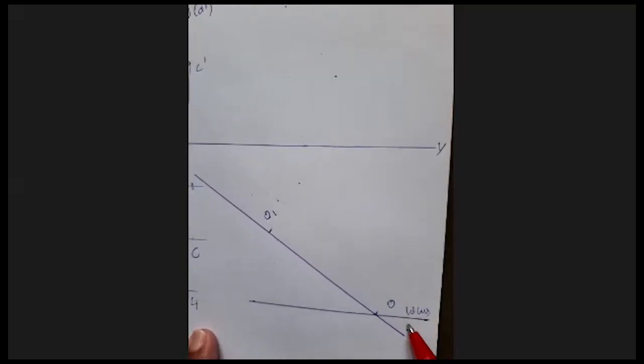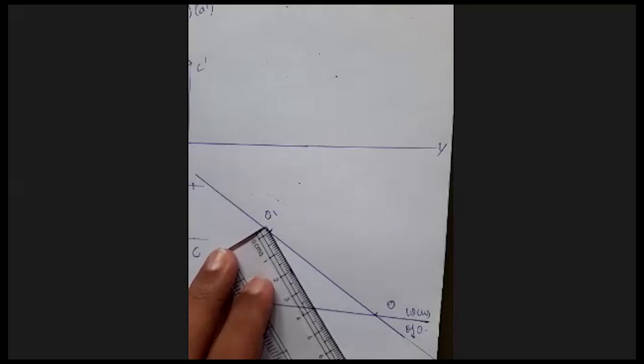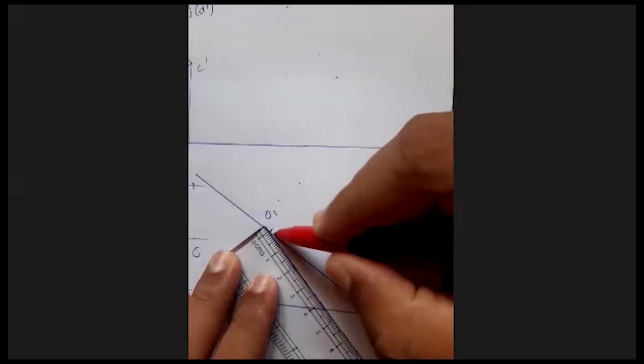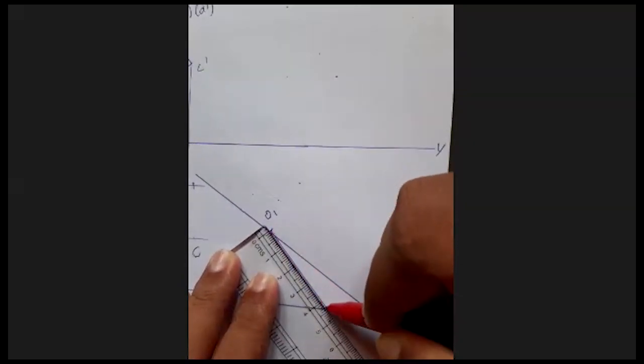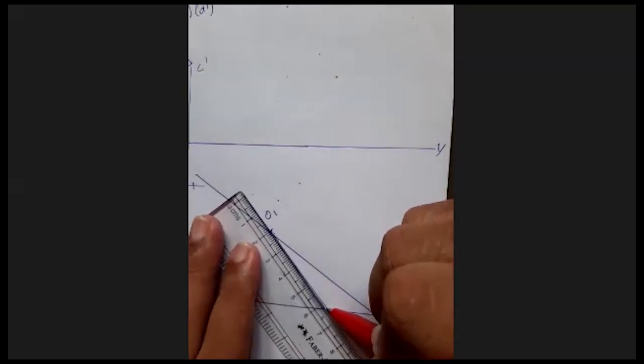This is my locus of O, and I know in the fourth diagram the length of the axis is 45 mm. So from here I'm going to just measure in such a way that the length of this is 45 mm.